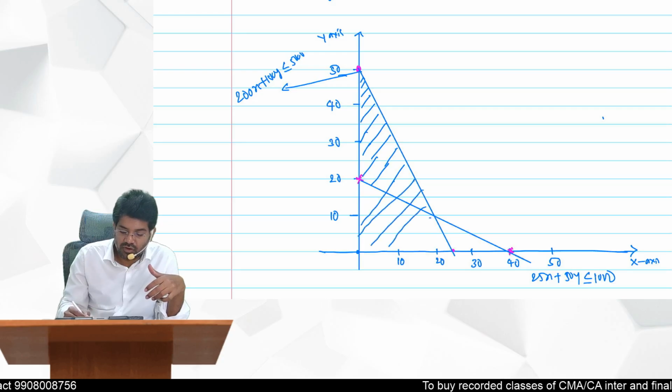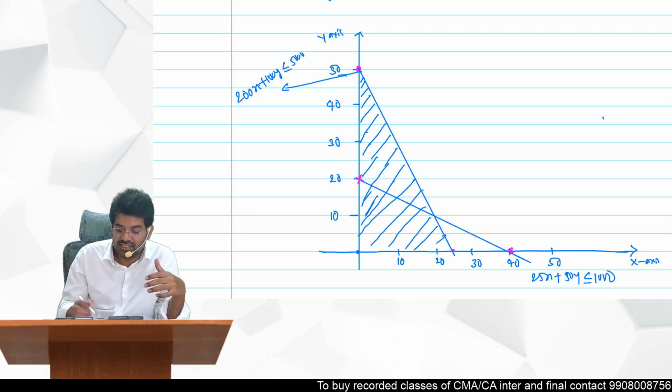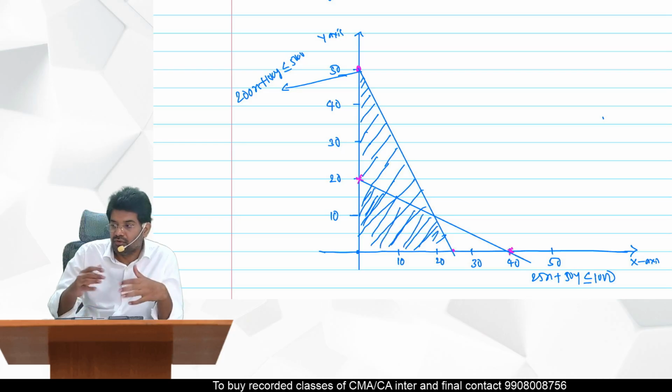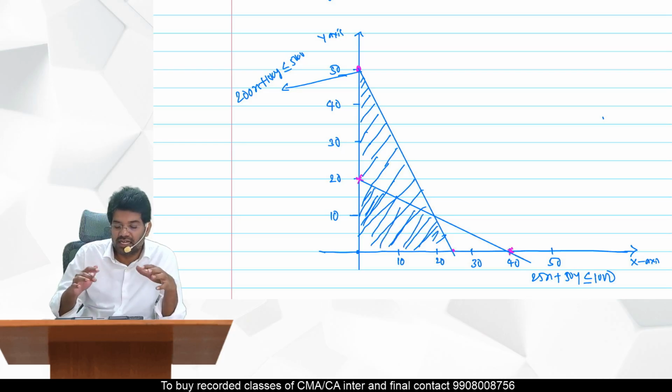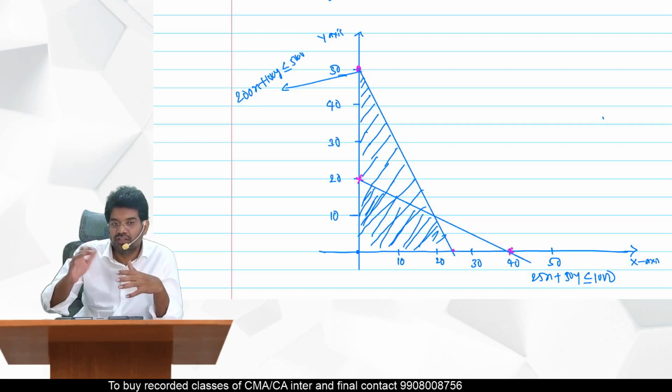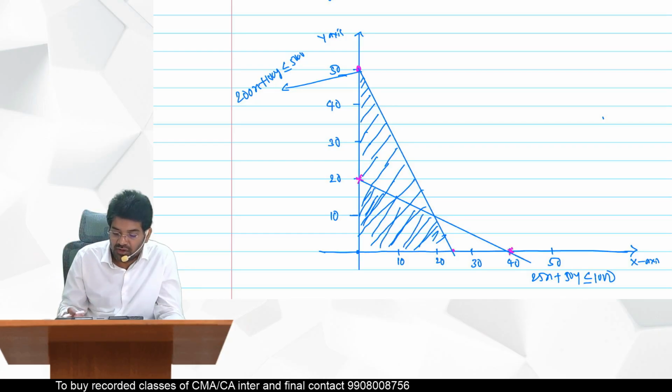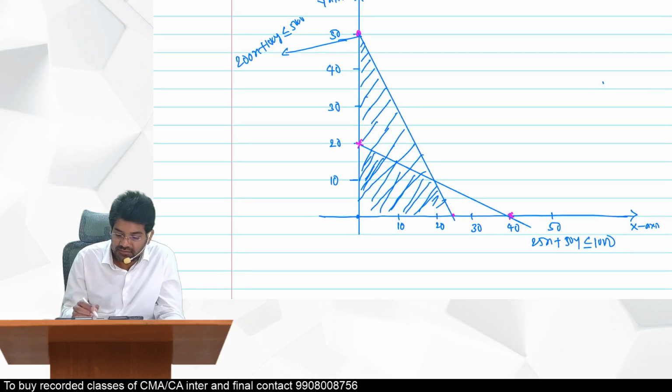So what does the common feasible area mean? Even the second equation is also less than, no? So which area satisfies both, what is the common area for both now? Both are less than only, no?